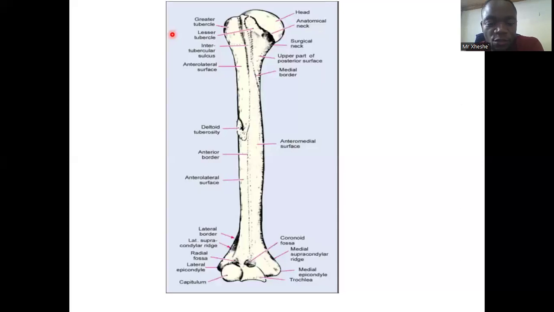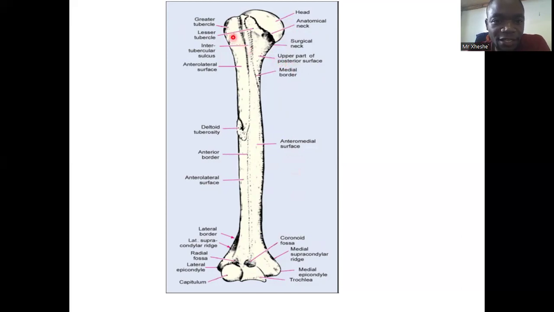So when you hold the bone like this, or at any given time, the head of the humerus should face medially. Number two, these two holes should face anterior. Then you have held the bone in its rightful position. And it's easy to describe it to the next person like that.